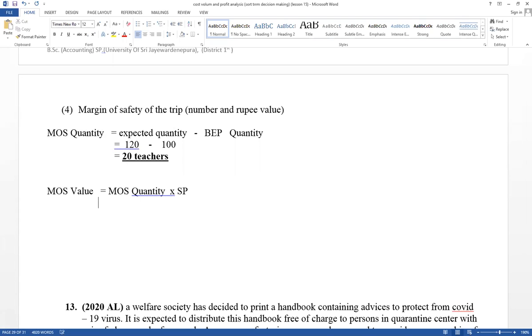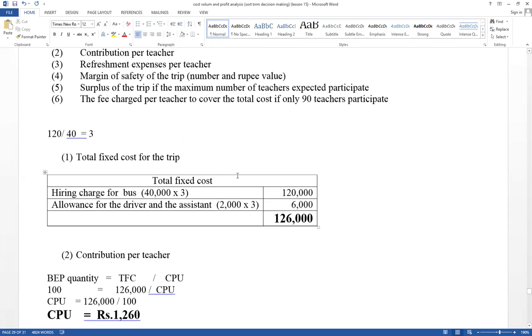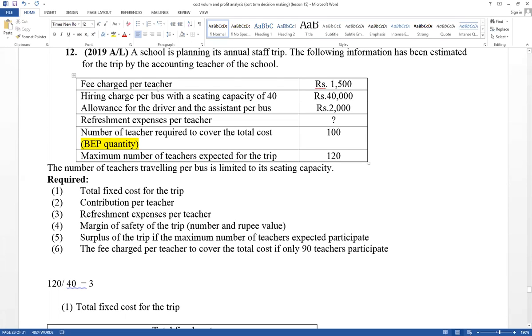There are two parts to requirement 4: margin of safety quantity and margin of safety value. Therefore, the margin of safety quantity beyond the BP quantity, 20, times the selling price. The selling price is given as the fee charged per teacher, 1,500. That value should be considered as the selling price.